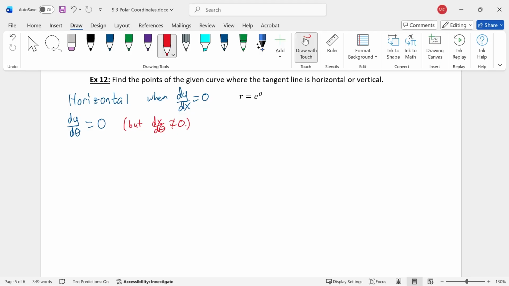Okay, that's straightforward enough. What about vertical? So we get a vertical tangent line when the opposite happens, when dx/dθ is 0 but dy/dθ is not.